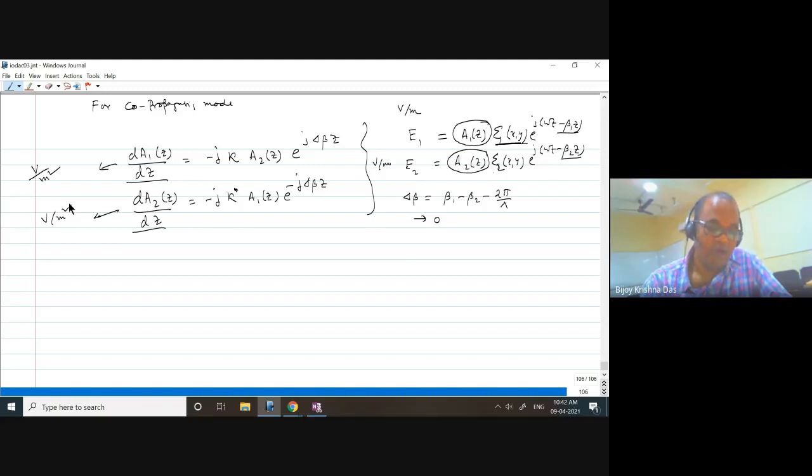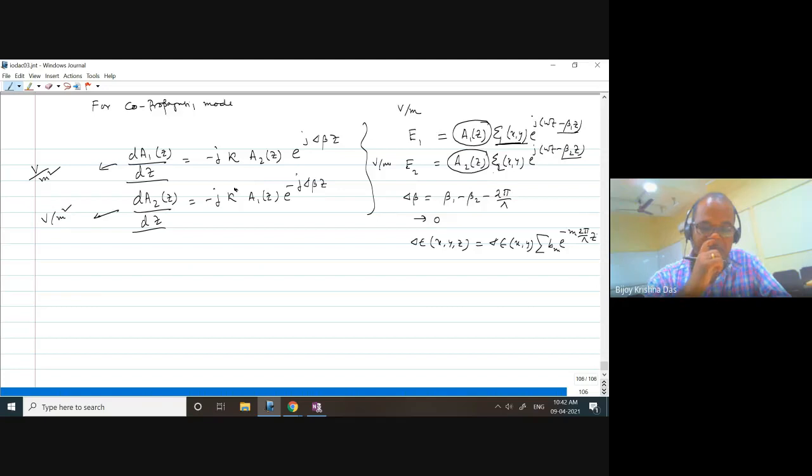Now this is for the co-propagating mode, and we consider that the perturbation delta epsilon x, y, z is assumed to be delta epsilon x, y, and b m e to the power minus m 2 pi by lambda z.